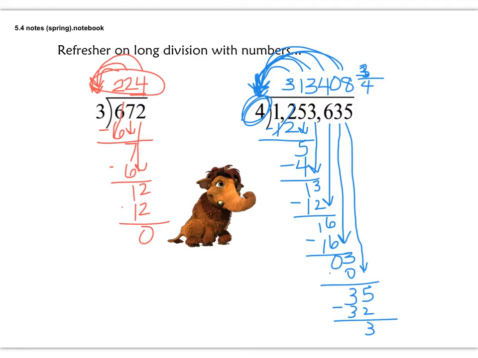So 1,253,635 divided by 4 is 313,408 and 3/4. So if I were to ask you, is 4 a factor of that giant 1 million number? The answer is no. It's not a factor because it didn't go nicely, right? It's not a pretty answer.